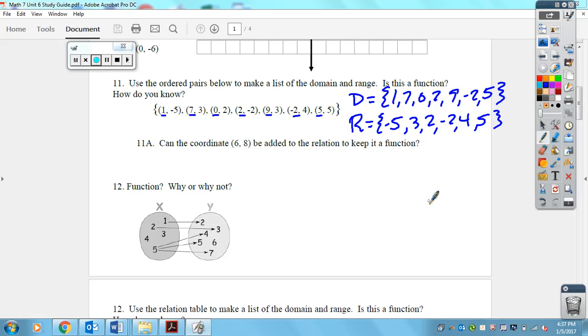Again, you don't write it more than once. Is this a function? The answer is yes, it is a function, and you say each x has one y.